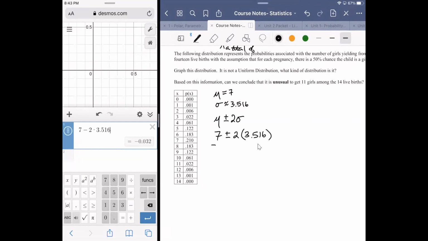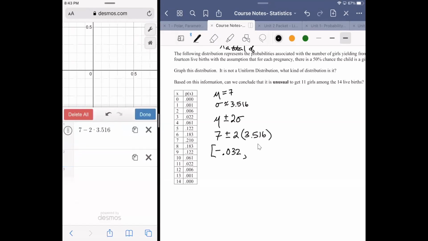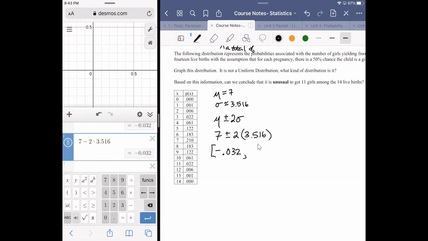So on the low bound, we're going to get negative 0.032. And then we can do the same thing, just making the minus into a plus. So 14.032.